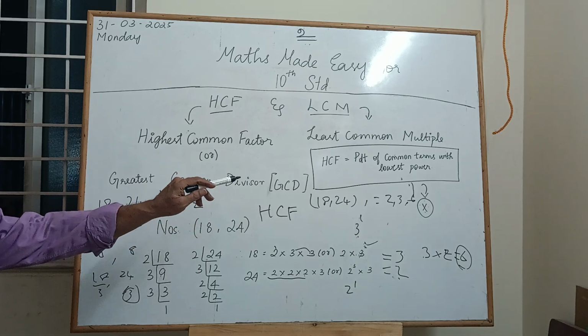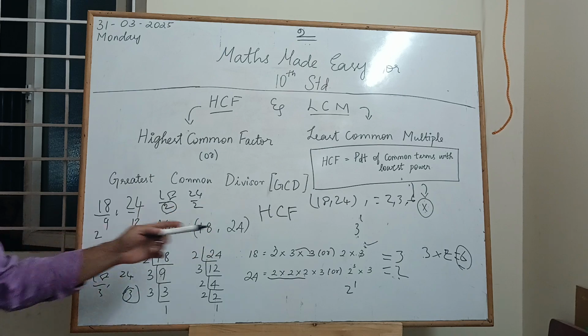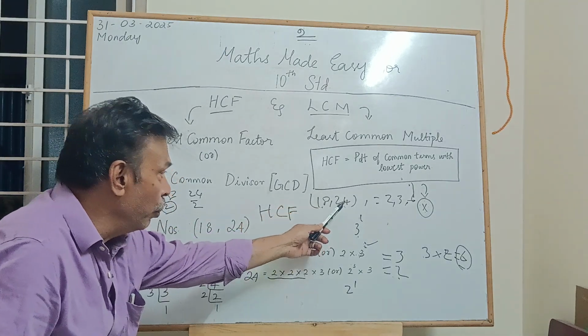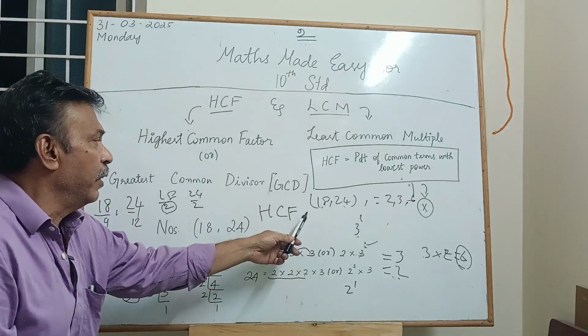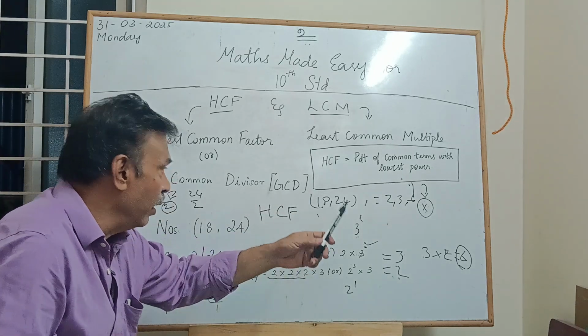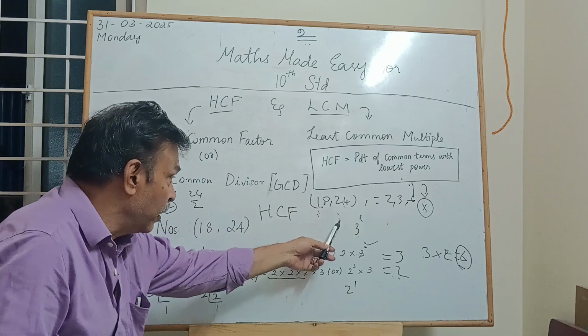Do you understand now the meaning of highest common factor? 18 can be divided by 2, 24 can be divided by 2. 18 can be divided by 3, 24 can be divided by 3. 18 can be divided by 6, 24 can be divided by 6.